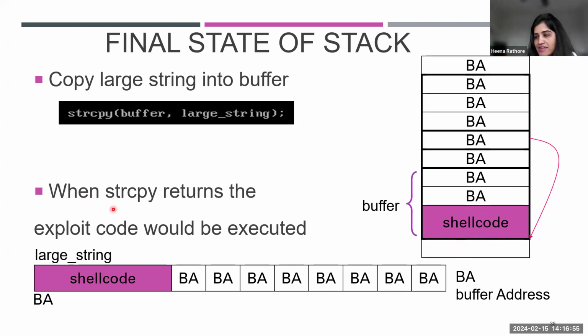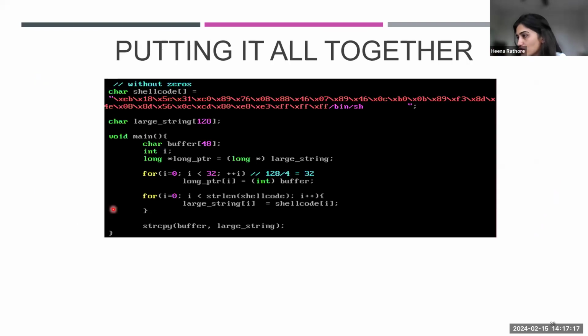So when strcopy returns, the exploit code would be executed rather than the actual code that needs to be executed. The final state of the stack would be just replacing it with that exploit code, and instead of going back to its normal address location, it will just execute the buffer address location.